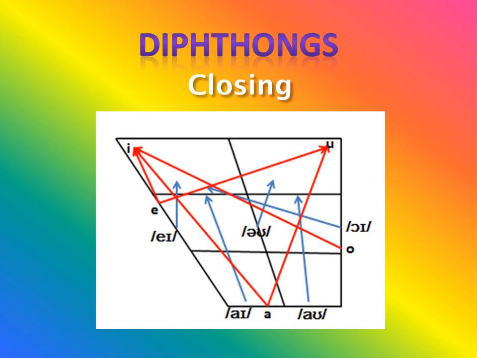The tongue moves towards a closer position, reaching the position where the second element is produced. In English, the tongue moves in the direction of the position where the second sound is, but never reaches it. So that is a difference that we have to practice with our students.